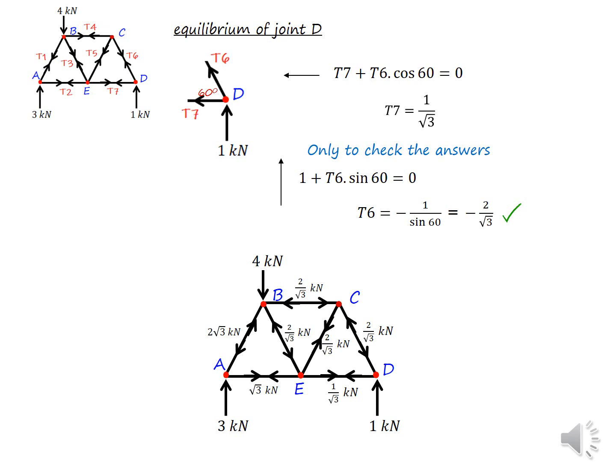AE is under tension, that's why the arrow points in that direction, but the value is root 3 for the tensile force. So likewise, you can represent your answers with both methods, but providing the answer this way is clearer, I assume, but either way is all right.